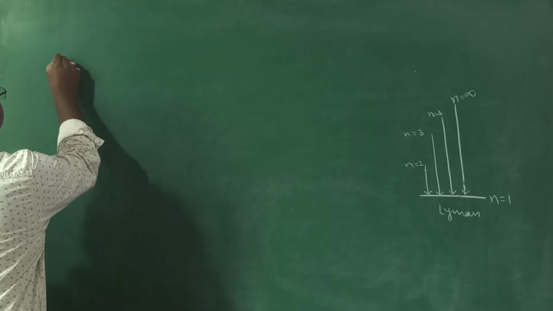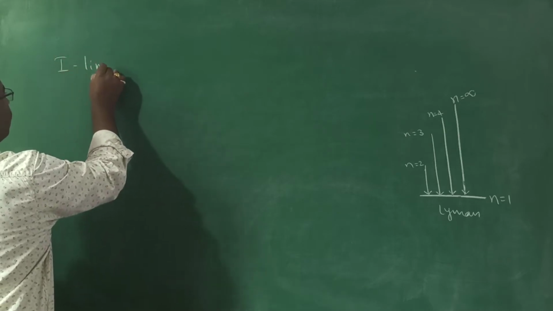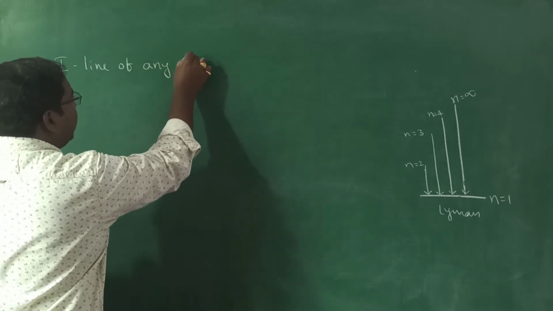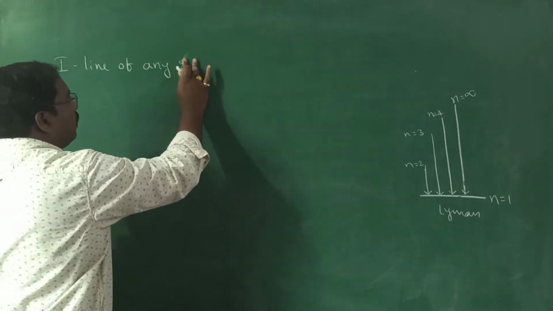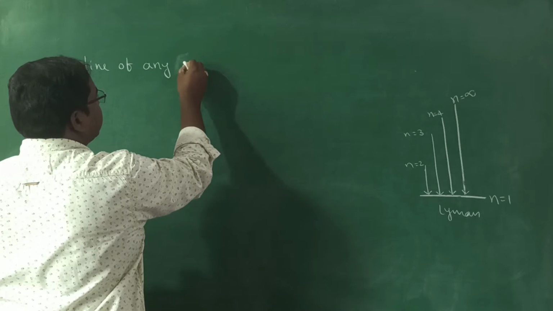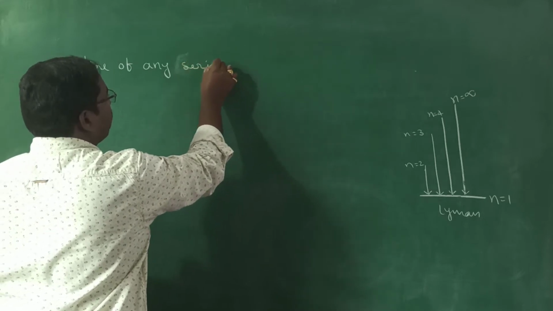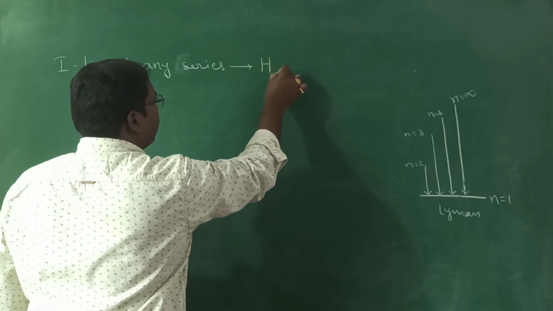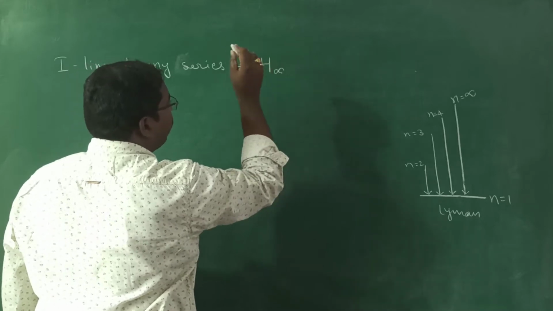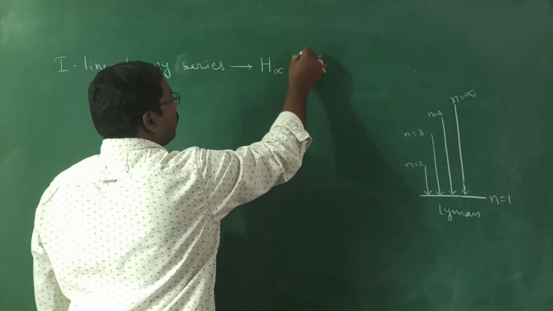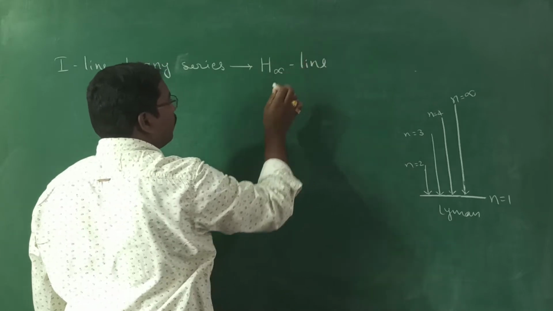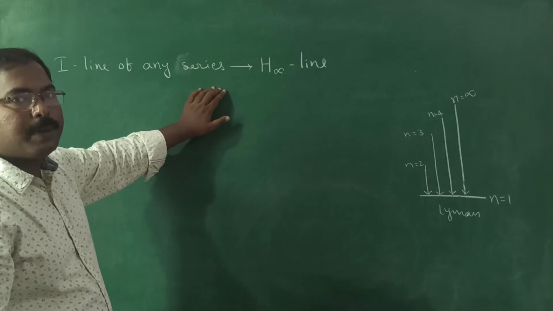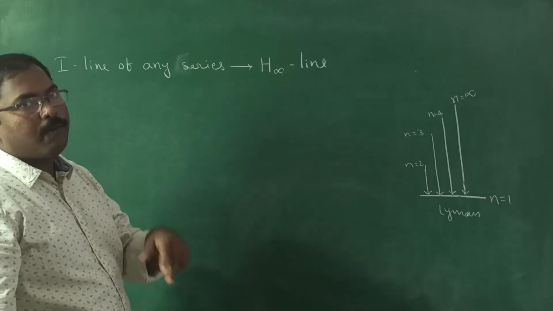The first line of any spectral series is represented as, remember this one, H alpha line. Okay? The first line of any series is represented as H alpha line.